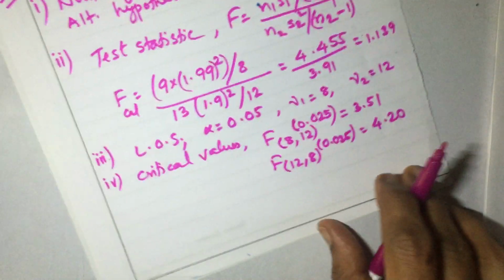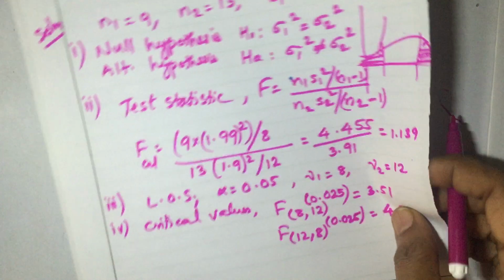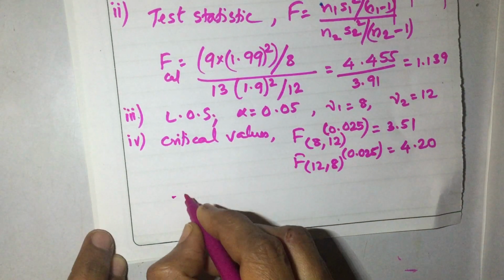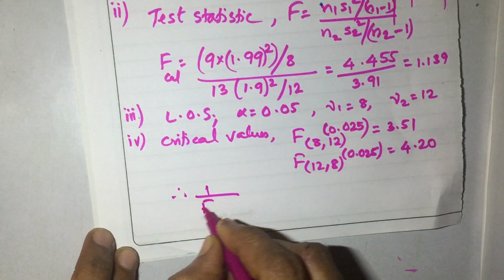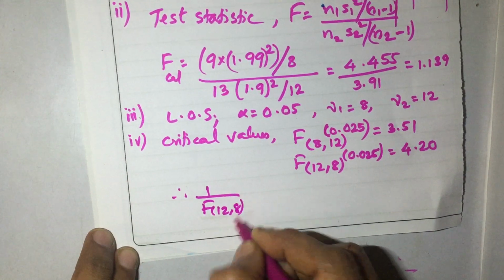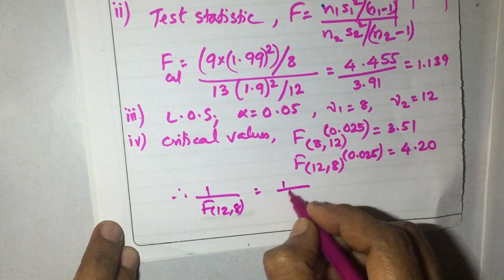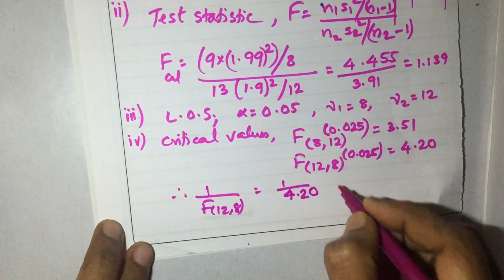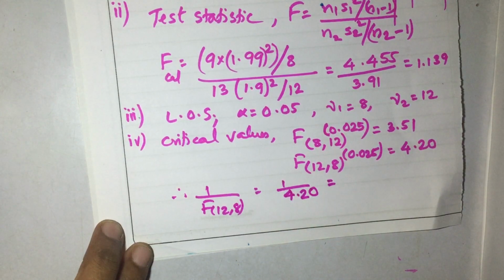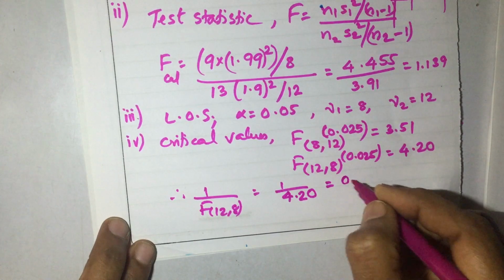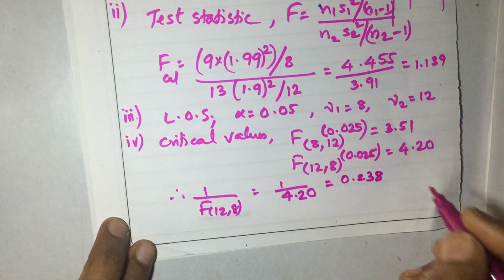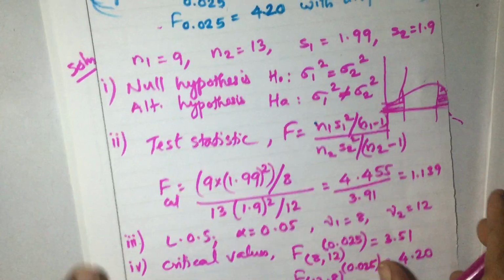So 1 divided by F12,8 is 1 divided by 4.20, which is 0.238. Okay, so now we need to take the decision.